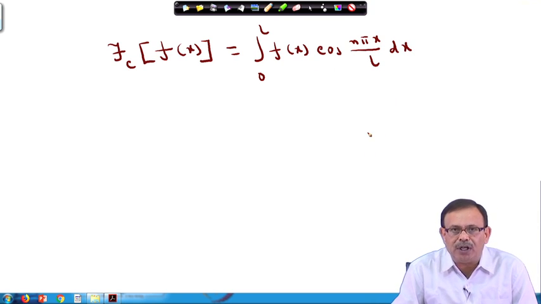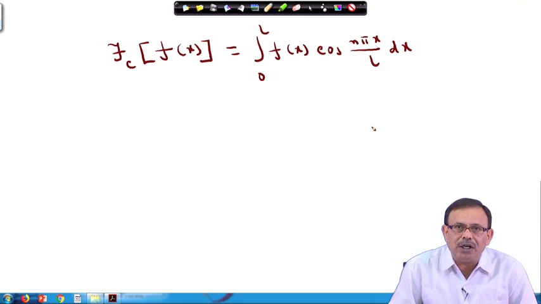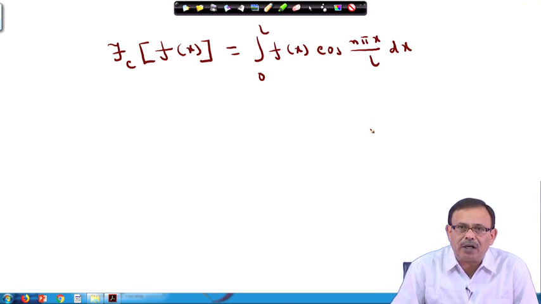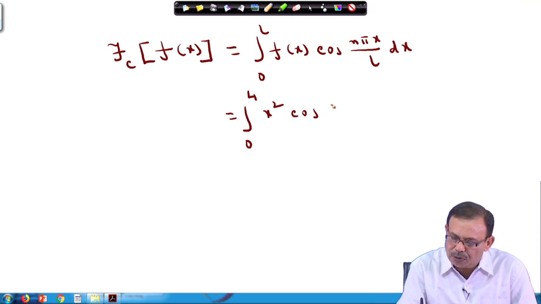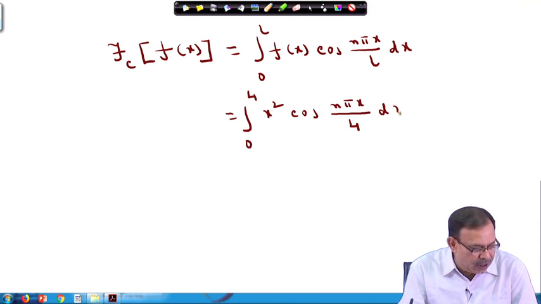In the case of the Fourier sine transform, it is f(x) sin(n pi x by L) dx, whereas for the Fourier cosine transform, it is f(x) into cos(n pi x by L) dx. Here L is 4, so it is the integral from 0 to 4 of x square into cos(n pi x by 4) dx.